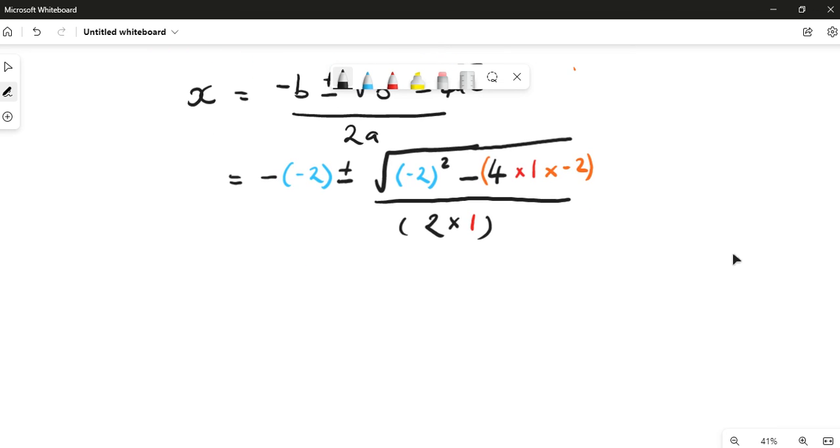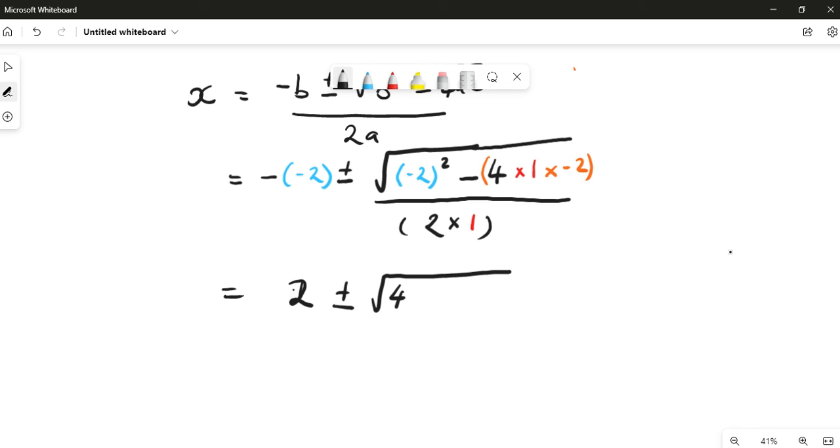All right, we can solve. Negative and negative here make positive, so we have 2 plus or minus negative 2 squared, that is 4. 4 times 1, that is 1, 4 times negative 2, that is negative 8.